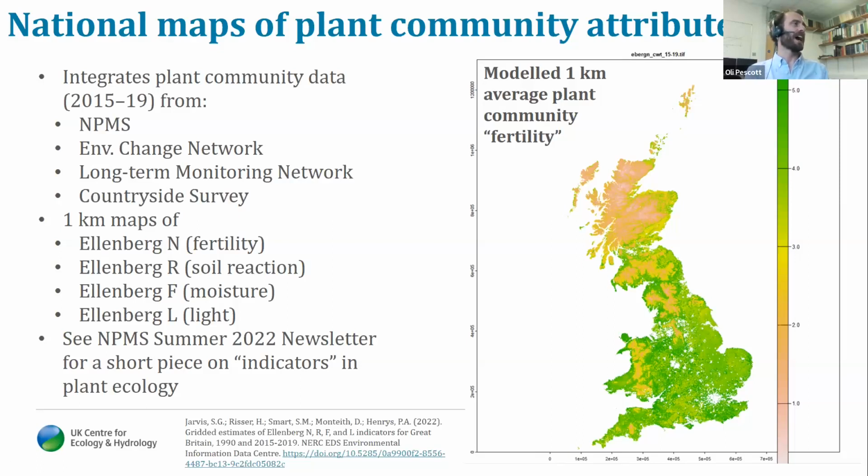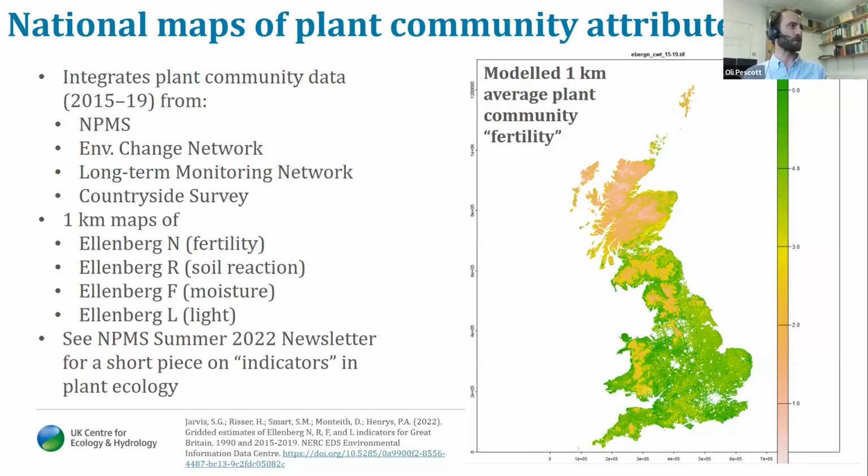And they've then created a statistical model of the attributes of those species and created national maps. So when I say attributes, I mean characteristics of plants are often used to indicate features of the environment.